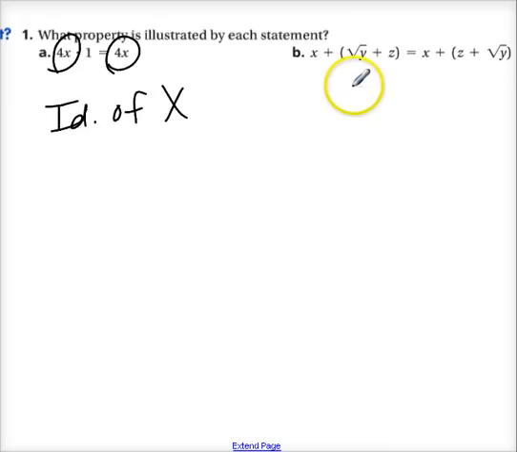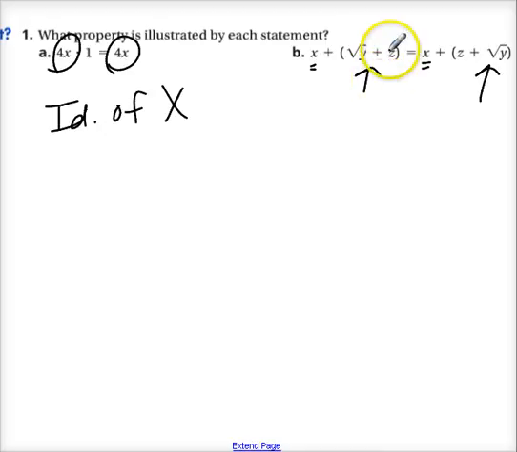How about B? X plus square root of y plus z equals x plus z plus square root of y. You might think it's associative because you see grouping symbols. However, this problem is trying to trick you. If you notice in the grouping symbols here, we have square root of y and z. In the grouping symbols here, we have square root of y and z. The groupings did not change. X is still on the outside.